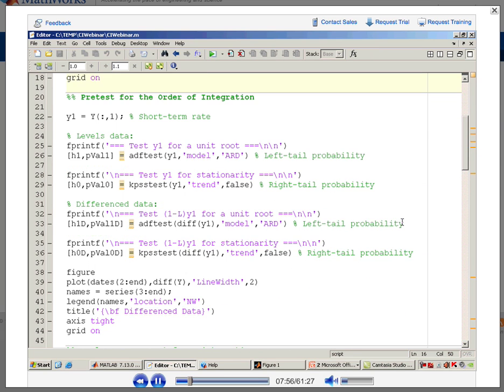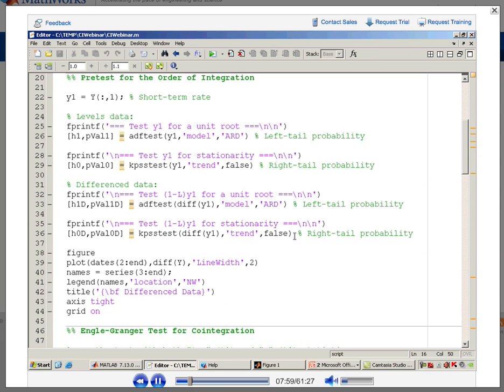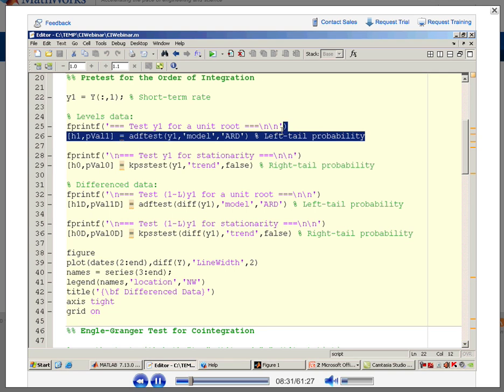Now, typically in a co-integration analysis, the first thing that you want to look at is the order of integration of the individual variables. Like I said, if one of the variables is stationary, you usually don't want to include it in the analysis because it's going to lead to trivial sorts of co-integration. What we'll do here, just to illustrate, is strip off just the short-term rate. We'll take all rows in the first column of our data. That's our short-term rate. And then we're going to run a couple of tests to see whether this data has a unit root, first of all, right here.